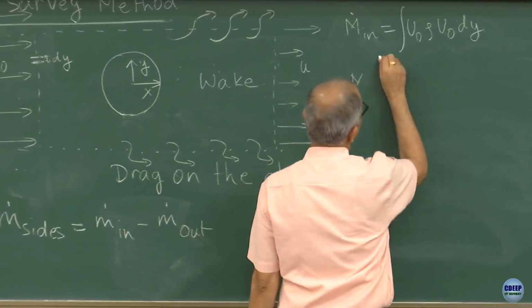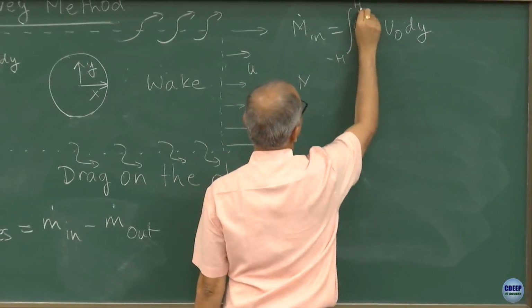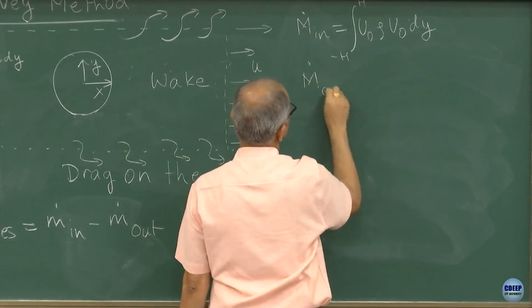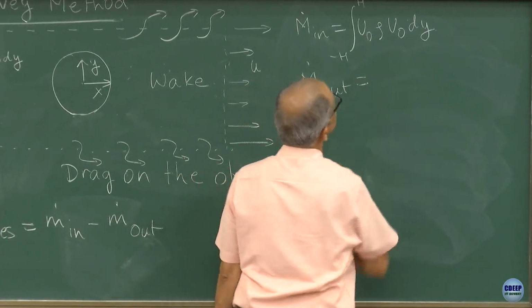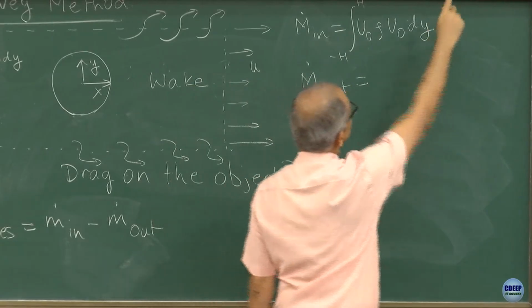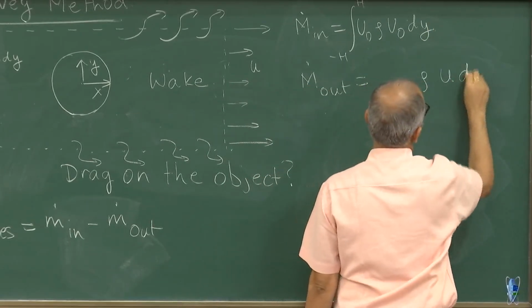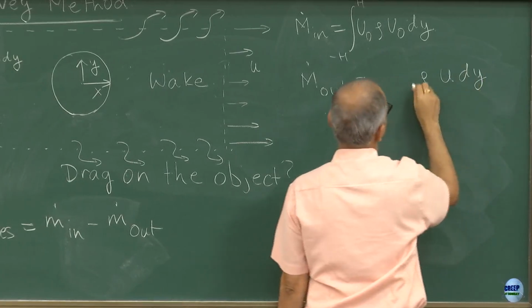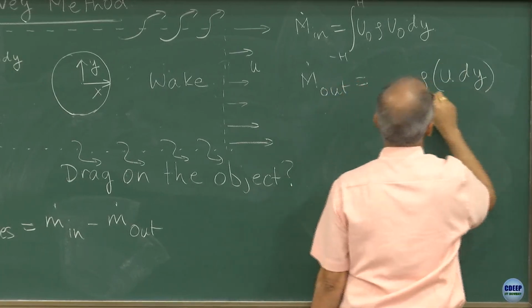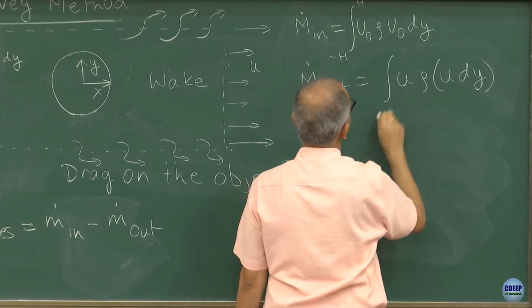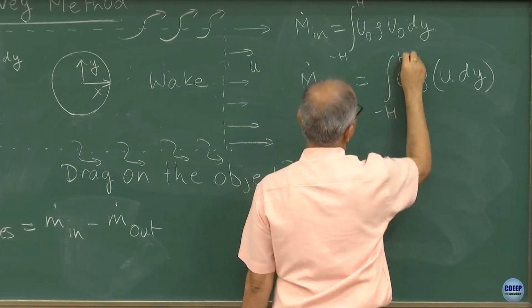This is going from y minus h to plus h. Now the momentum which is going out from the right hand side is rho times u times dy, so u here, integrated from minus h to plus h.